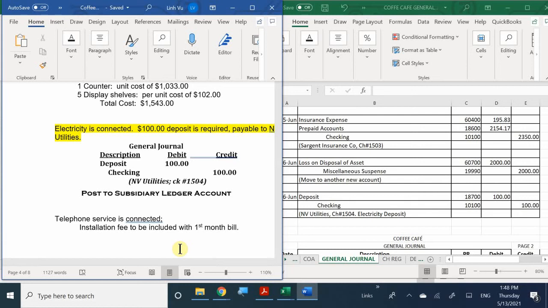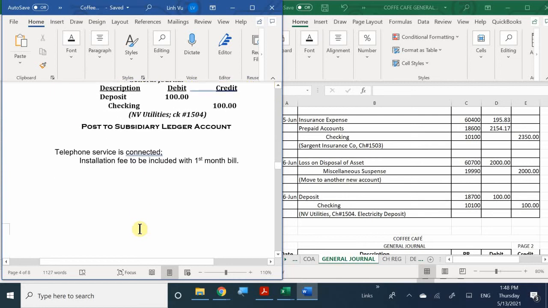If you want unlimited minutes, if you want internet, etc., all of those are going to be on the bill, and how much you use it will also be on the first month's bill. So in this case, no transaction necessary, but we have telephone services being connected. Okay.